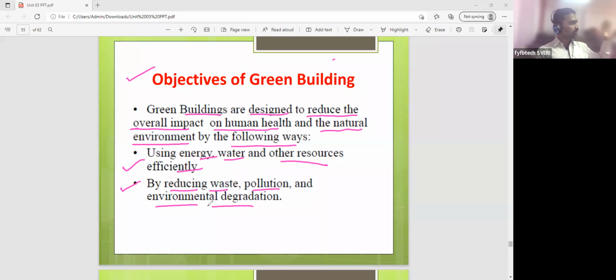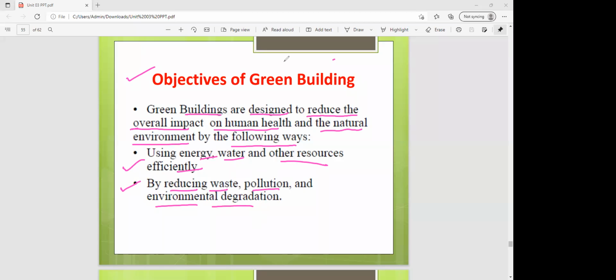In the last 20, 30 or 50 years there was heavy rainfall. Now, day by day, it is degrading. Why? Because of mankind and deforestation. In order to reduce pollution and environmental degradation, the objective is green building. Is it clear, everyone?